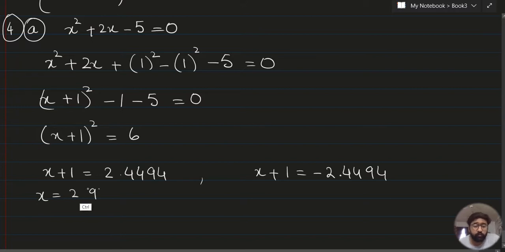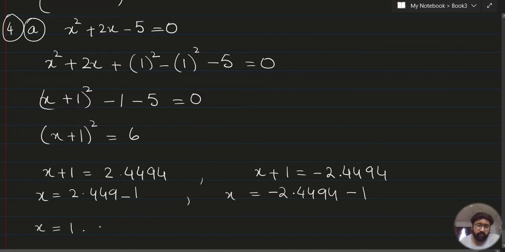So the value of x is going to be 2.4494 minus 1, and minus 2.4494 minus 1. So the value of x is going to be 1.4494.